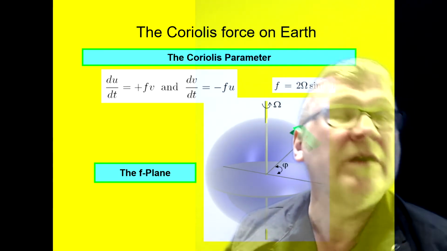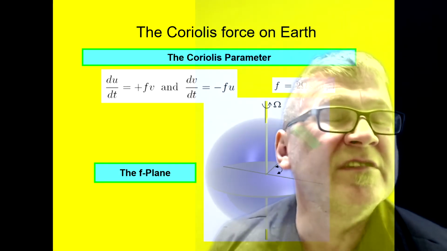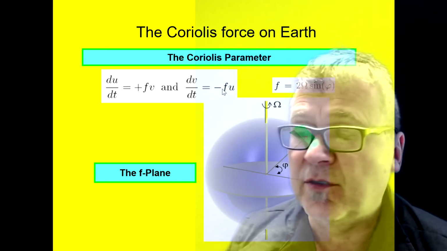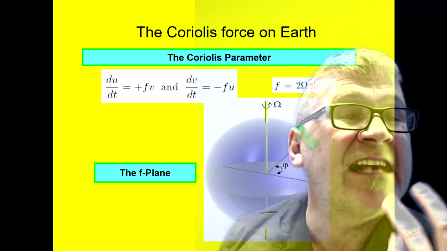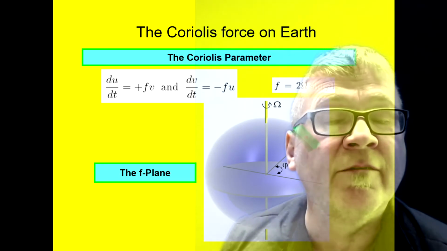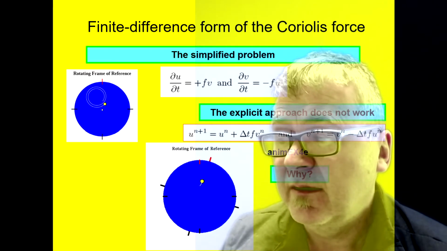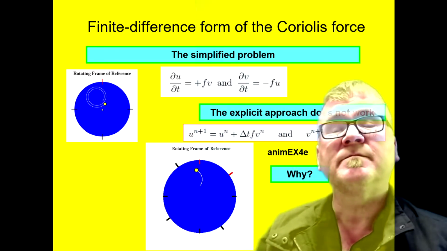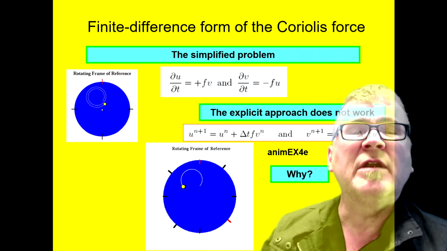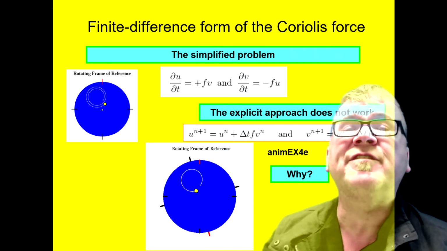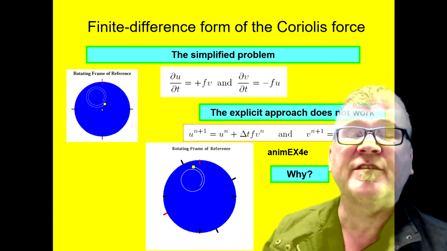All right, so now the next thing is, let's try it ourselves. How do we simulate the Coriolis force? Just plug in, using an explicit approach for the terms on the right hand side. This is shown here, the explicit approach, and it shows you the simulation using the finite difference.